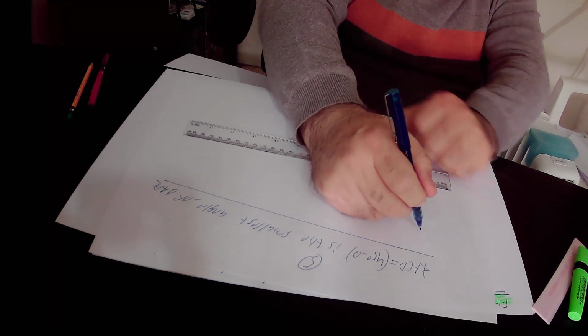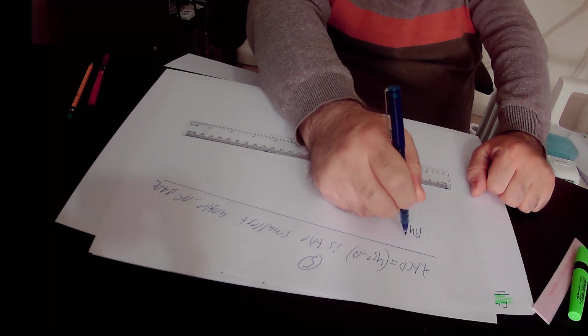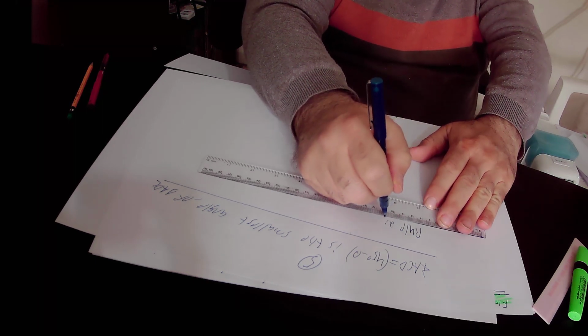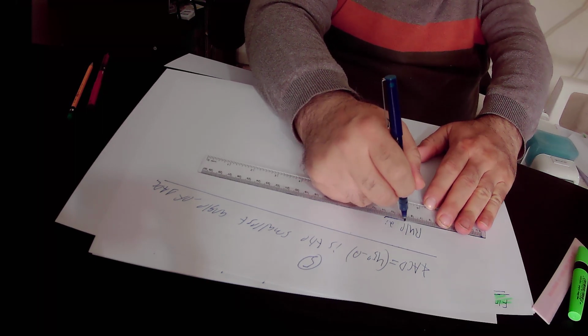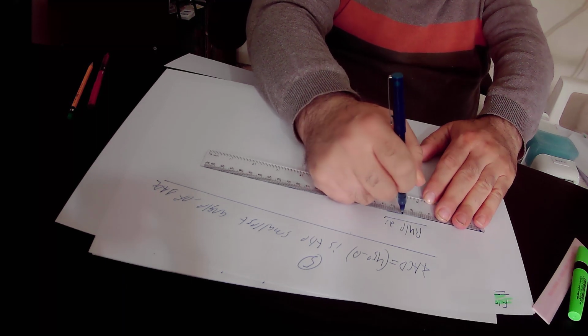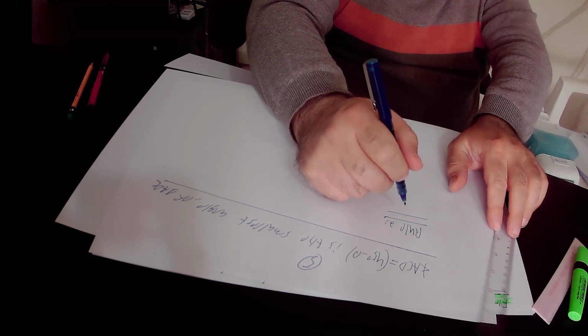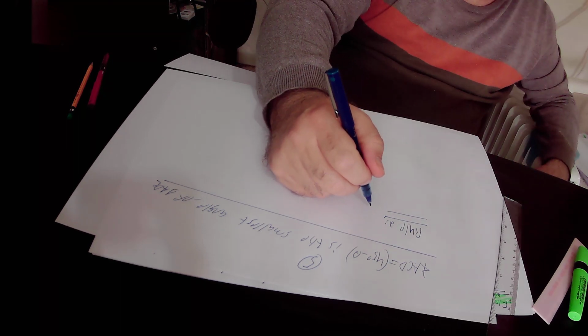And we also have rule number 2. According to rule number 2, the smallest angle in the triangle is always in front of the shortest side. I write it down.